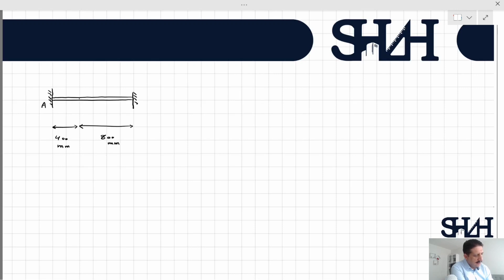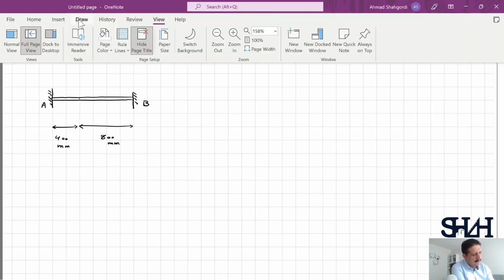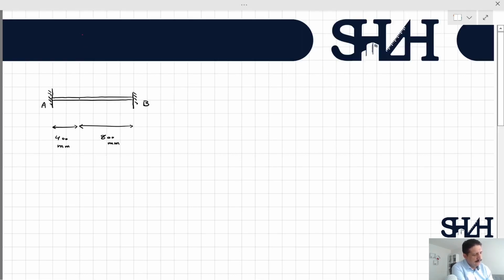At point A and point B, the element is fixed, and at point C, which is at a distance of 400 millimeter from A and 800 millimeter from point B, we have the force P.